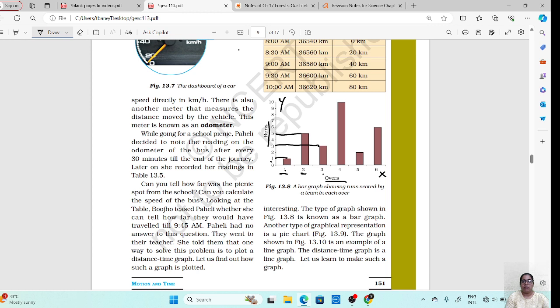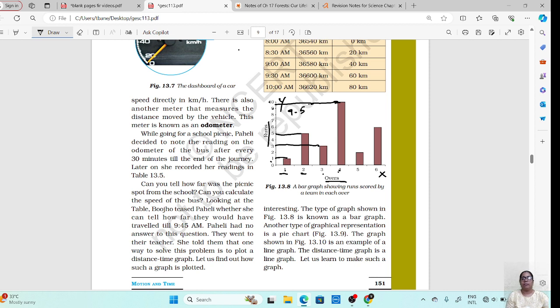Then at the fourth over the player had scored some runs between 10 and 9. See, the bar is touching a position between 10 and 9. It can be something like 9.5. So this is the number of runs scored by the player in the fourth over.